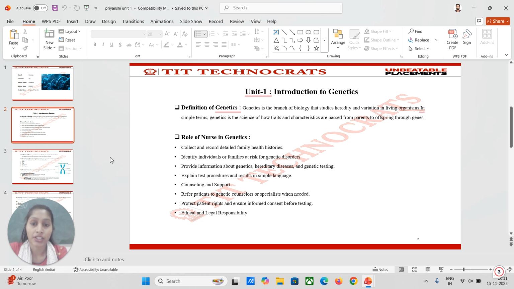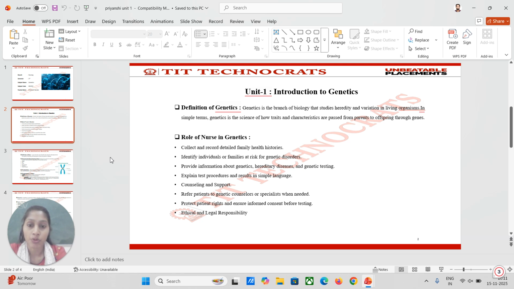Then explain test procedures and results to the patients in simple language.